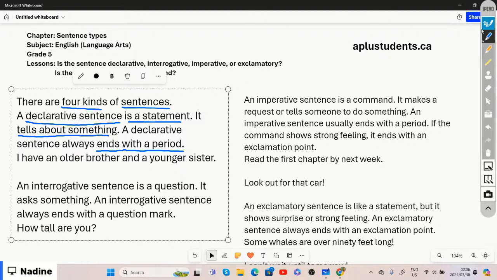And then we have an interrogative sentence. An interrogative sentence is a question. It asks something.